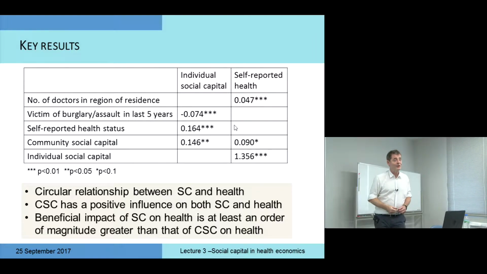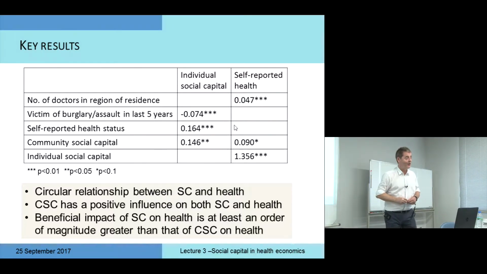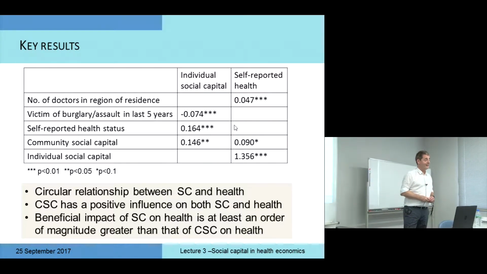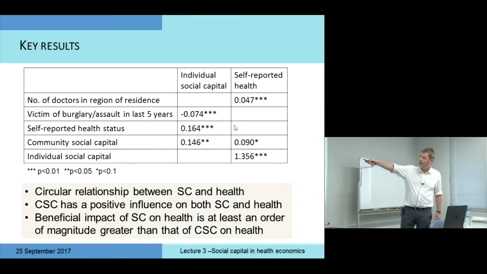Now that's not perhaps too surprising. If you've been a victim of burglary or assault, you are possibly less likely to trust people. So that could be taken as, it's not positive, but it's positive in the research sense, that it could be interpreted as some suggestion of validity, that your measure of social capital is behaving as it should, it's related to that variable.